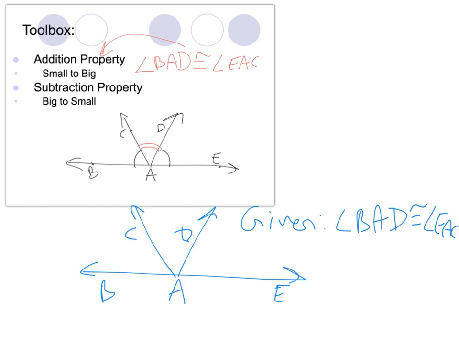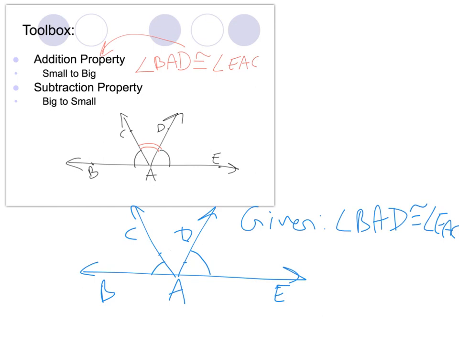Well, let's think here in the context of subtraction, right? We're going from big to small. So right now, what I've got is, okay, this angle is congruent to that angle, right? Well, what if we subtract something? What if we subtract the same angle? So I'm going to do a little erase here. Ooh! Did I just erase the same thing from both those angles?